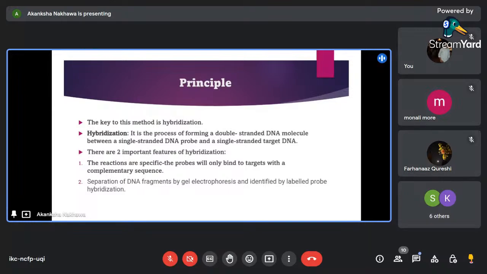It means a single-stranded probe and a single-stranded DNA sequence bind together to form double-stranded DNA. There are two important features of hybridization. The reactions are specific: the probe will only bind to a target with a complementary sequence. DNA fragments are separated by gel electrophoresis and identified by labeled probe hybridization.